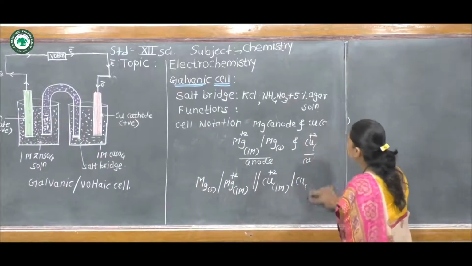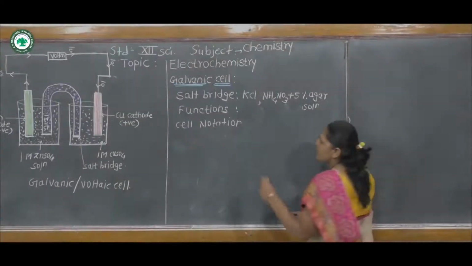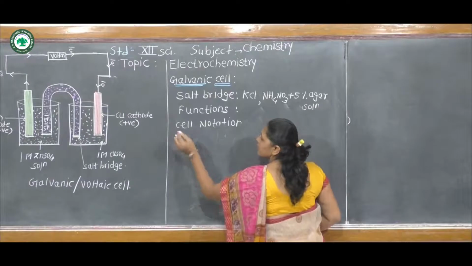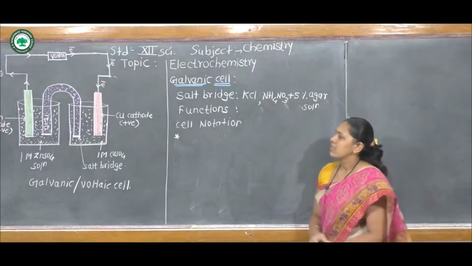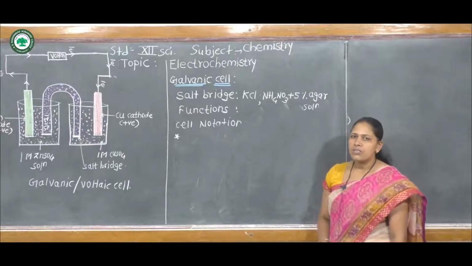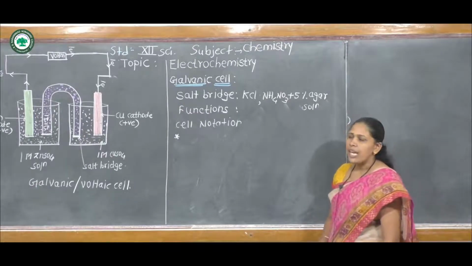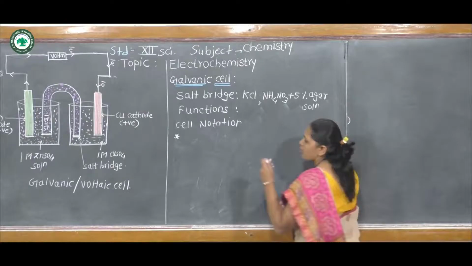Then the next example, second example, if a cell is composed of a hydrogen gas electrode as an anode and a silver electrode as a cathode.